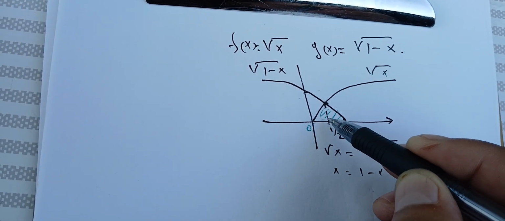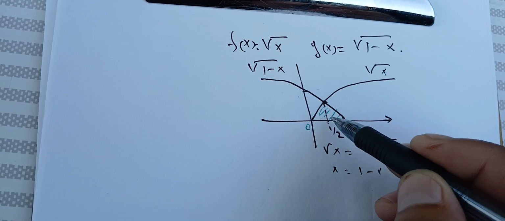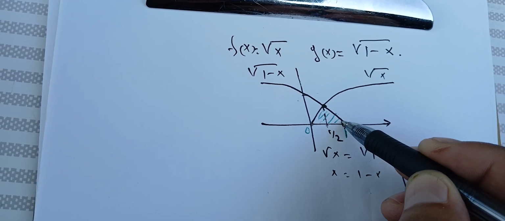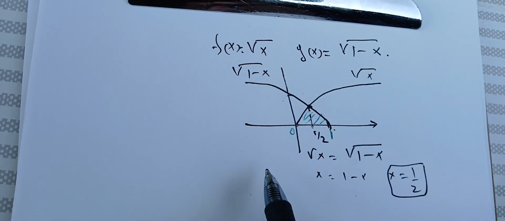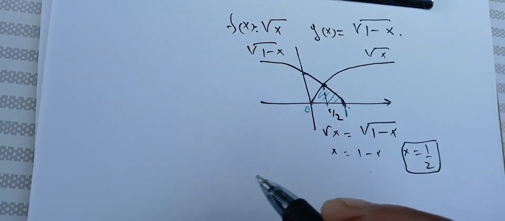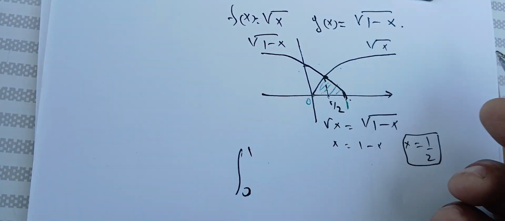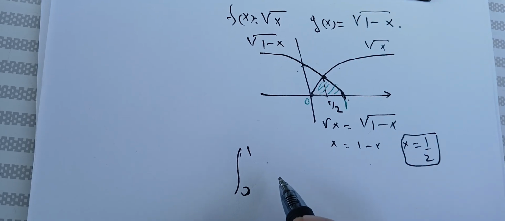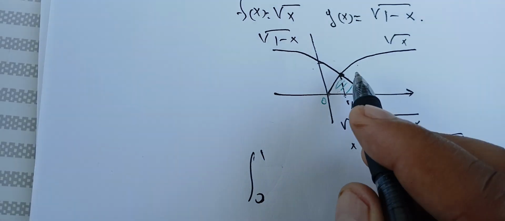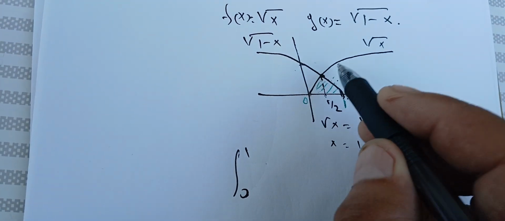Now when we try to integrate, we see that between 0 and 1/2 we have a function, and between 1/2 and 1 we have a different function. We can't just write the integral between 0 and 1 of whichever function is on top, because we don't know which one is on top of the other.